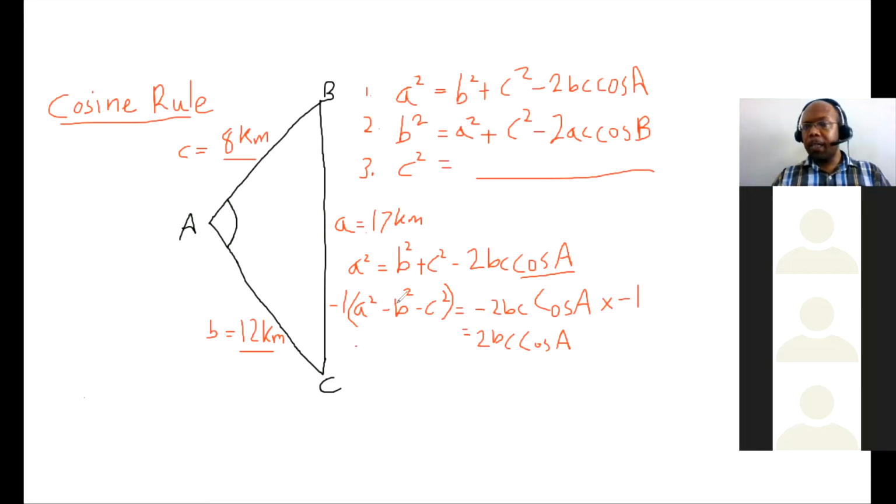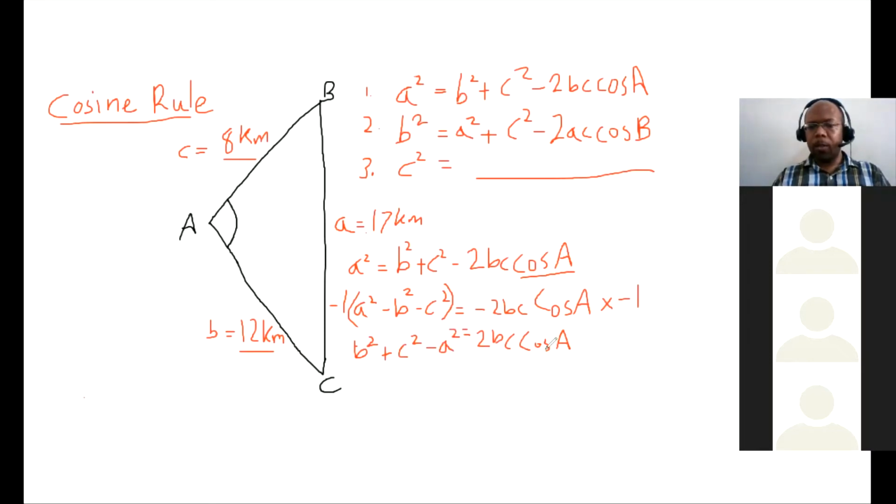This negative B squared becomes positive B squared. The negative C squared will become positive C squared. And like I mentioned before, the positive A squared now is a minus A squared.